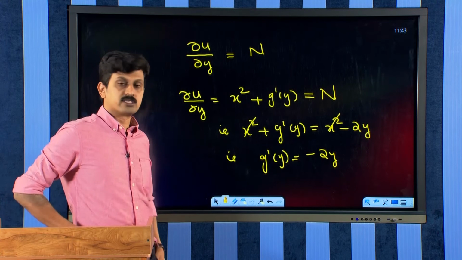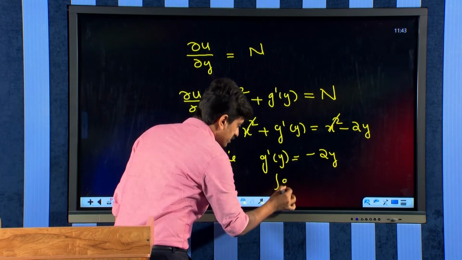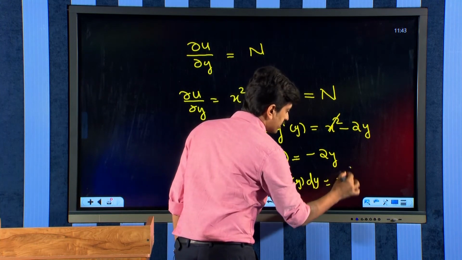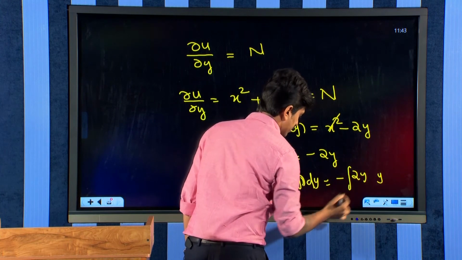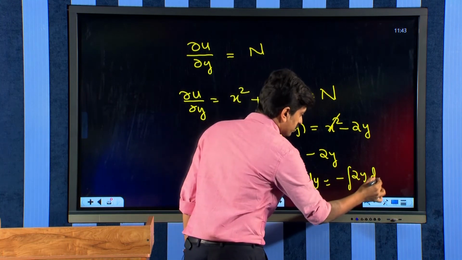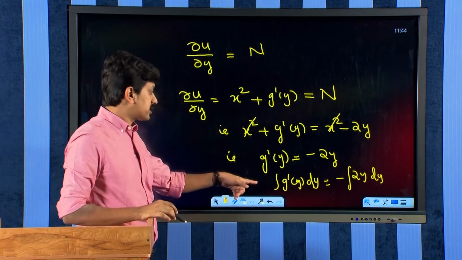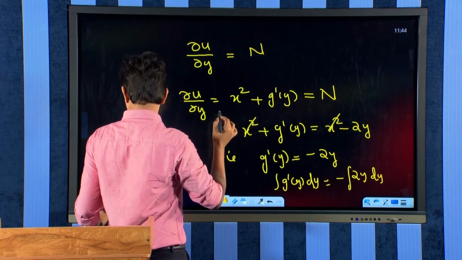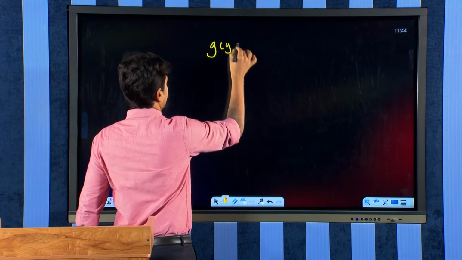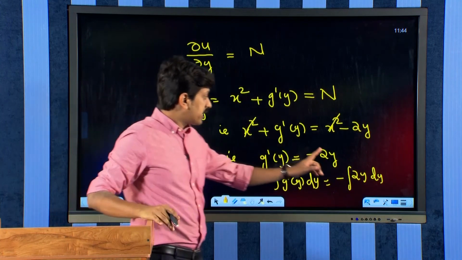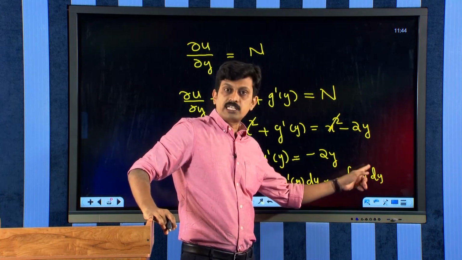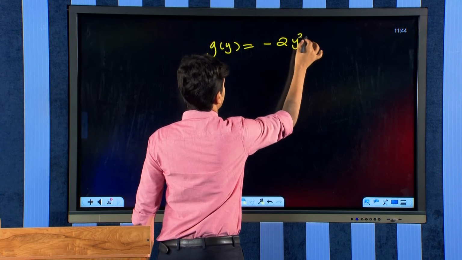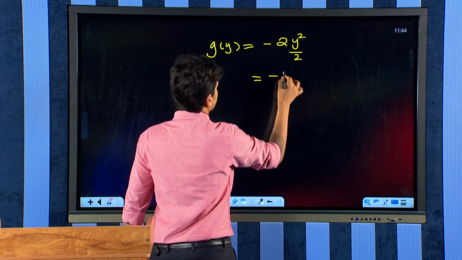Therefore, we can integrate with respect to y: the integral of g dash of y dy is equal to minus the integral of 2y dy. So, g of y is equal to minus 2y square by 2, that is minus y square.